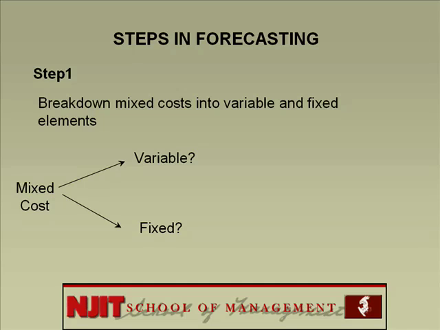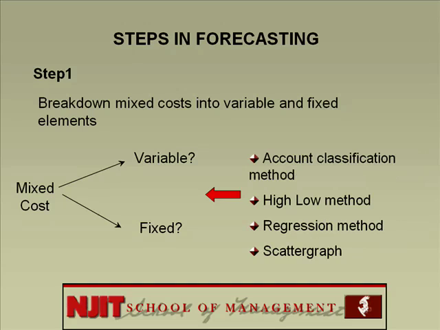To do this, actually there are many techniques. These include something called account classification method, something called high-low method, something called regression method, and another technique called scatter graph. In this course, the only technique you need to know is the high-low.